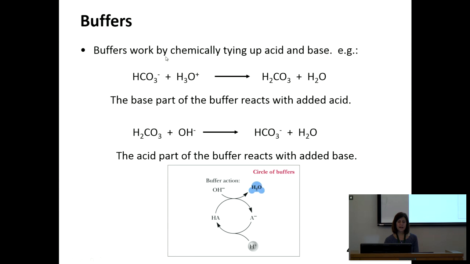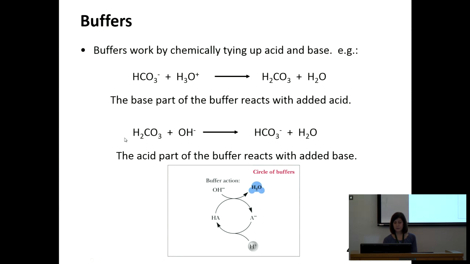So what I will do is I will give you a different buffer, and I do this every year. I'm telling you what one of the Part 2 exam questions will be. I'll tell you a different buffer. And you'll identify which is the acid part of the buffer and which is the base part of the buffer. And I'll say, give me the chemical equations, the reactions for how this buffer reacts with added acid and added base.